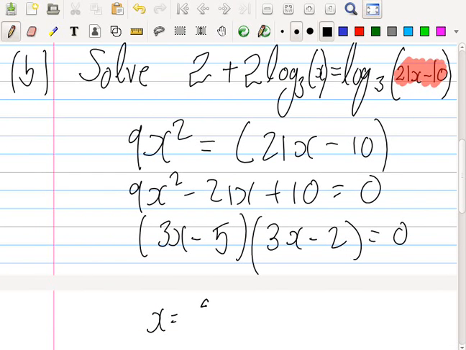X equals 5 over 3 or 2 over 3. Although we know that sometimes we have to check our answers. Well, we always have to check our answers, but sometimes some of them don't work.